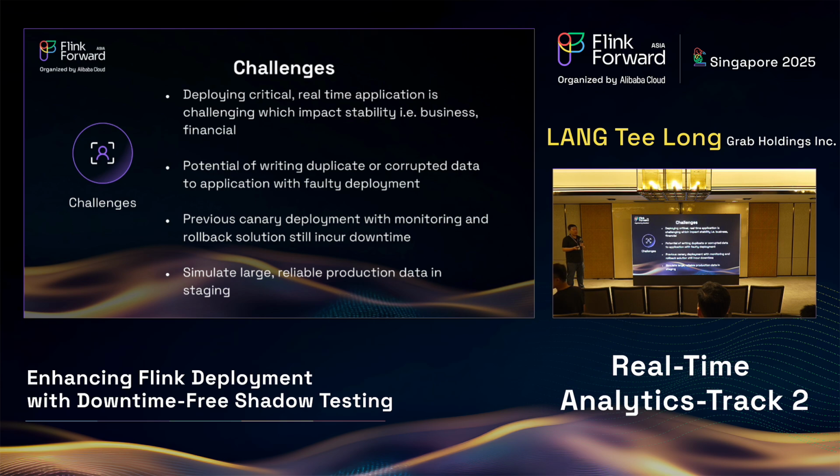It may also impact some of the Flink application pipelines that ingest financial data to the data warehouse. So there's a potential of writing duplicate or corrupted data to production when they deploy faulty deployments.